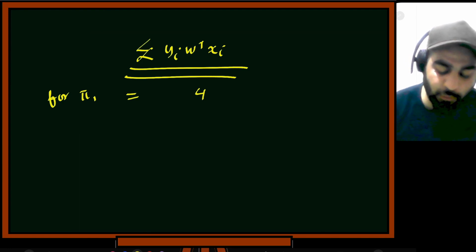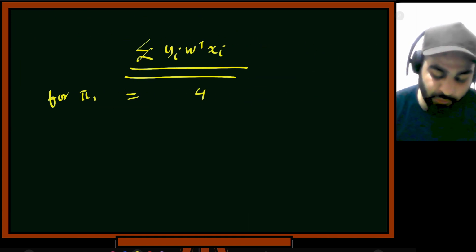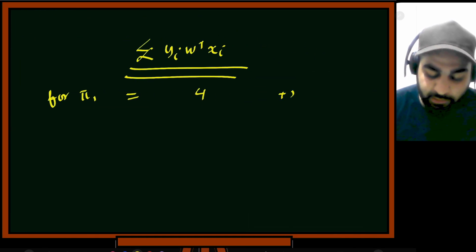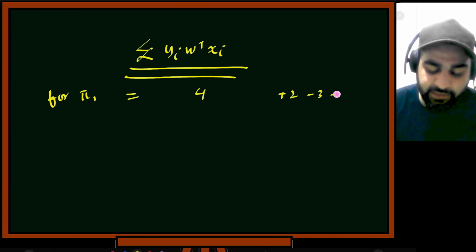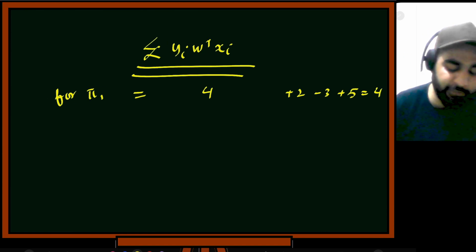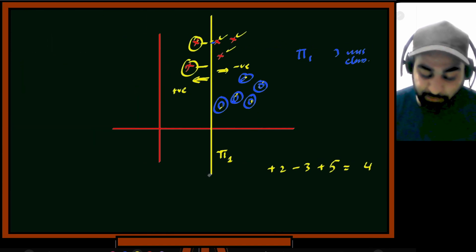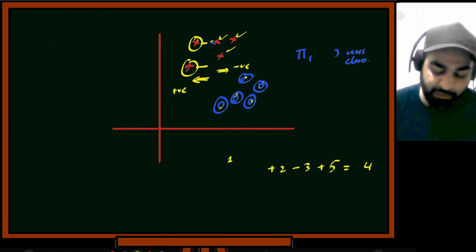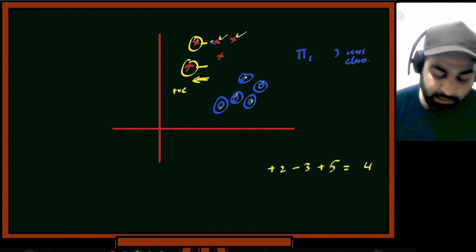We have a total of 10 points. So 2 points we get plus 2, then we get minus 3 because of the misclassifications, then we get plus 5. So this is 4. This is for pi1 when you make this plane. So this is the plane pi1. Now I'll make some other plane. Just removing these.